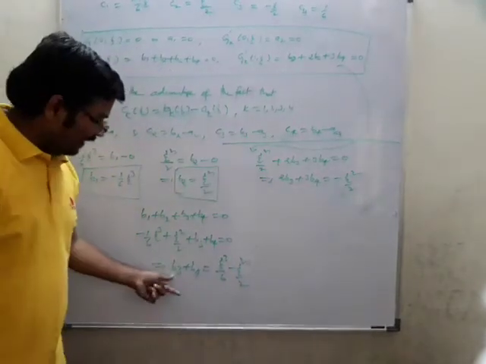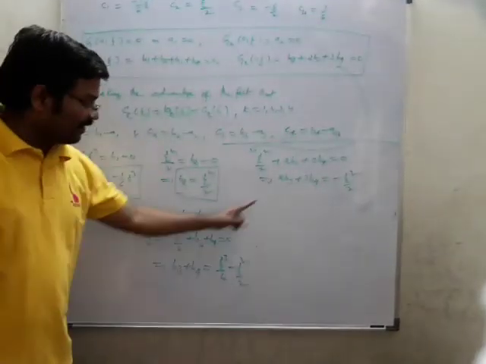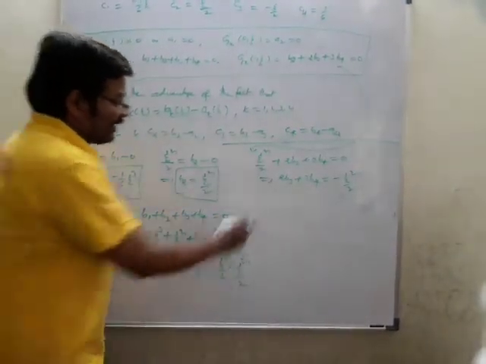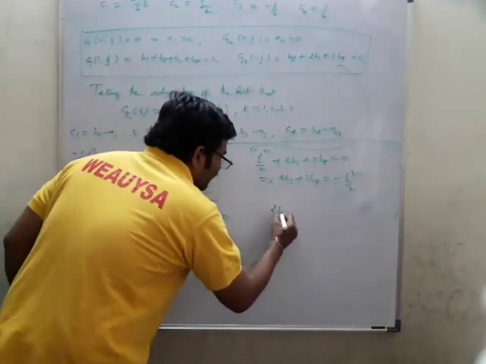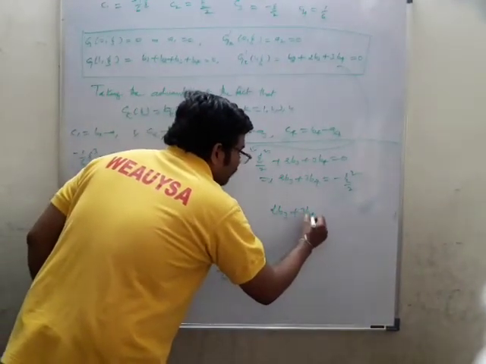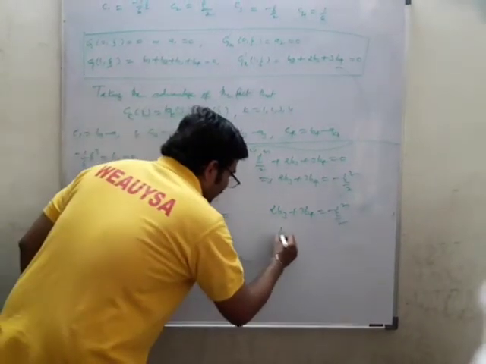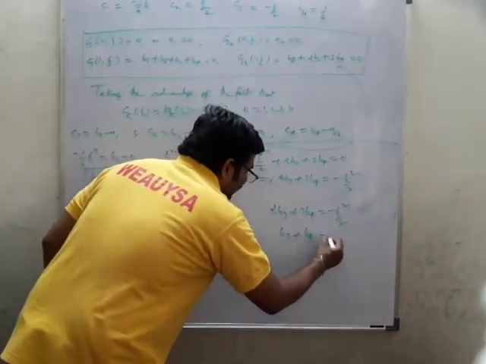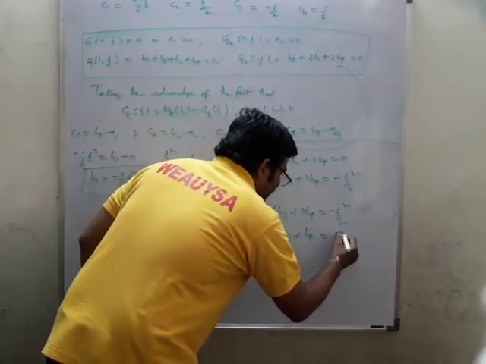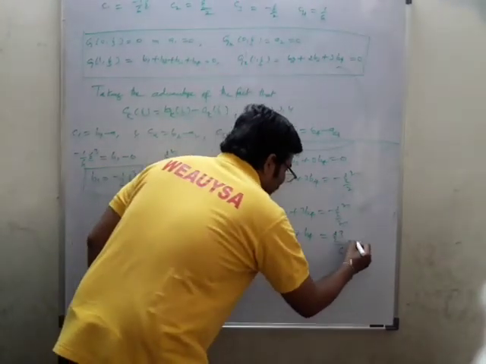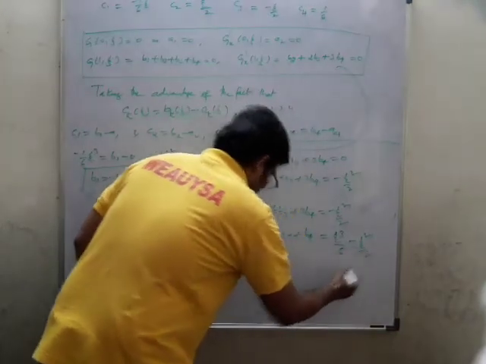I'll solve these two equations: 2B3 plus 3B4 equal to minus xi square by 2, and B3 plus B4 equal to xi cube by 6 minus xi square by 2.